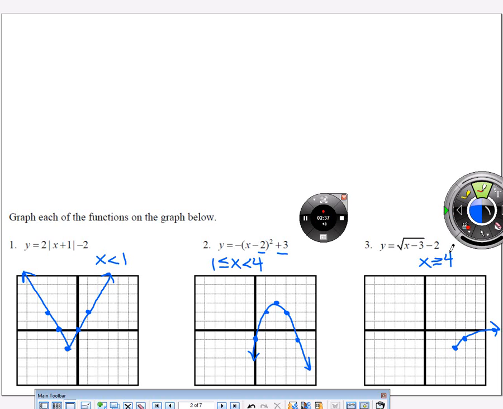So try to identify which parts of these curves, okay? So literally just on the curve, identify the part of the graph that meets this requirement, okay? So I'll give you guys a second, and then we'll do it up here also, but I want you to think about it for a sec, okay?